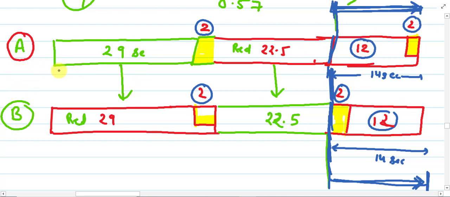You can clearly see this with the figure for road A as well as road B. Before this, this is the LHS section, and this is the RHS section.